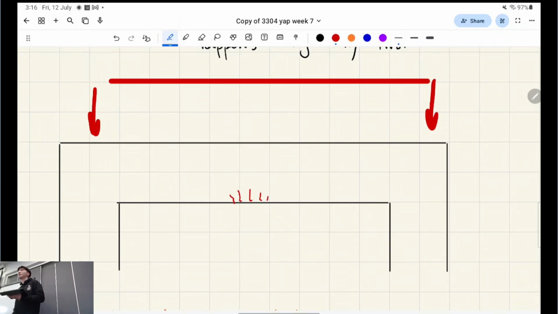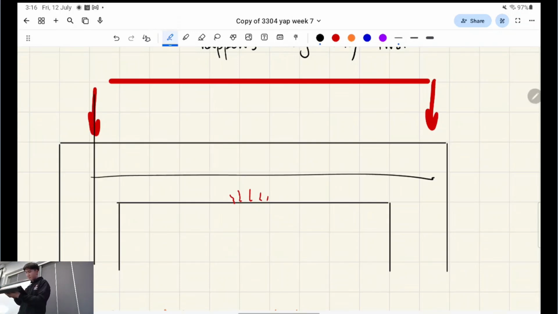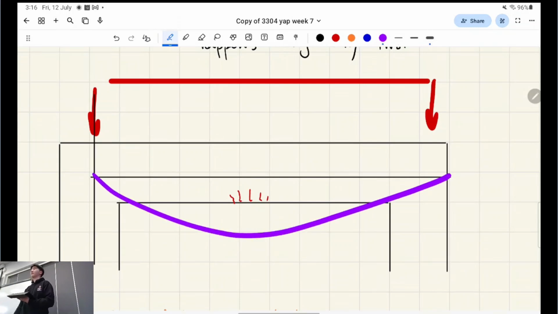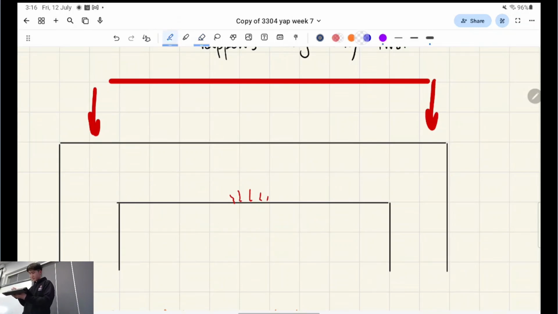Yeah, Farhan? So we're pretty much just looking at the side, right? Yep, elevation view. So you can overlap a bending moment diagram like this. And the max bending moment is like that, right? So these are called flexural cracks. It's what we've been talking about and designing for in the last few weeks.